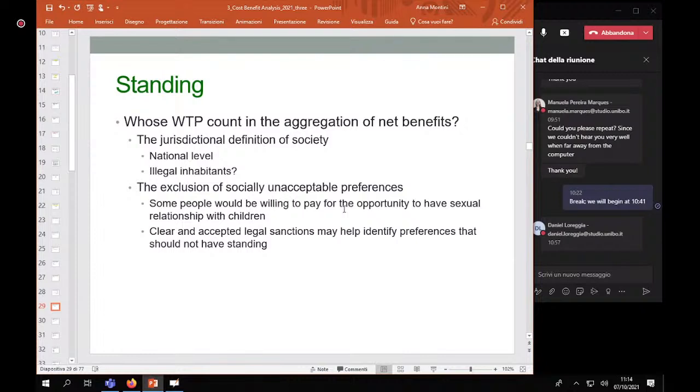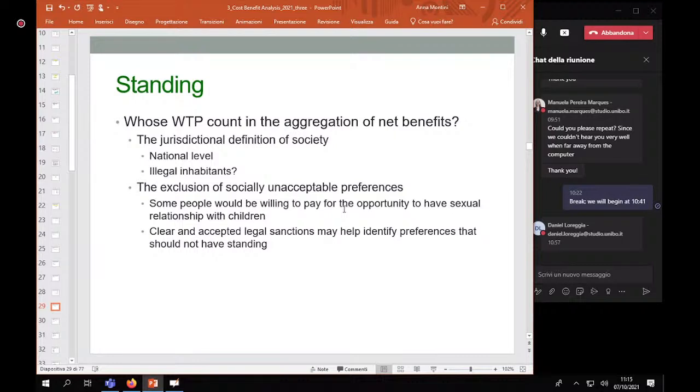I have to consider the definition of society, of the involved society. At the national level, I have to collect information about citizens. Do I have to consider also illegal inhabitants or not? And do I have to exclude socially unacceptable preferences?